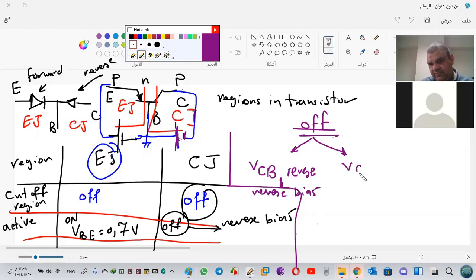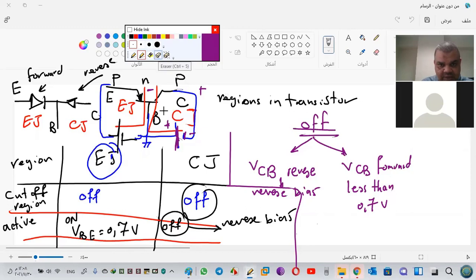Or V_CB is forward but less than 0.7 volt. So either I have here negative, positive, positive, negative, which is the first case, reverse. Second case, it is negative with negative, positive with positive, but this battery is less than 0.7 volt.